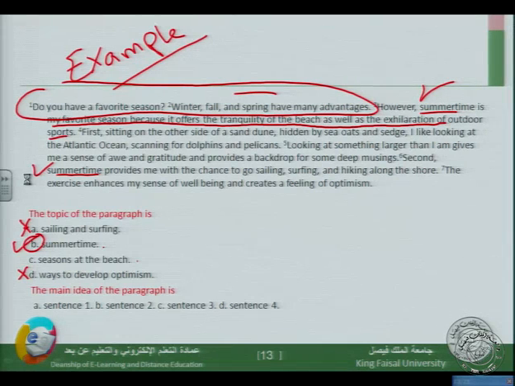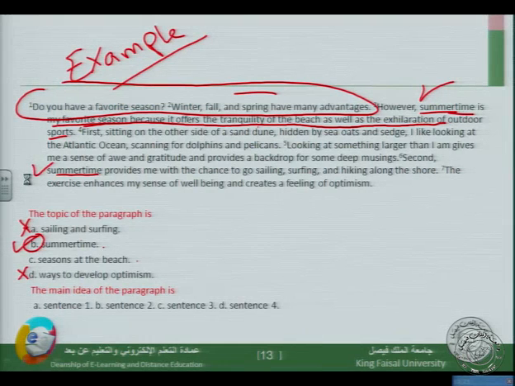Because here the author is talking about his favorite season. So once you find the author's point of view, here is the main idea. So the author's point of view is that summertime is his favorite season. Why? Because it offers tranquility of the beach as well as the exhilaration of outdoor sports.